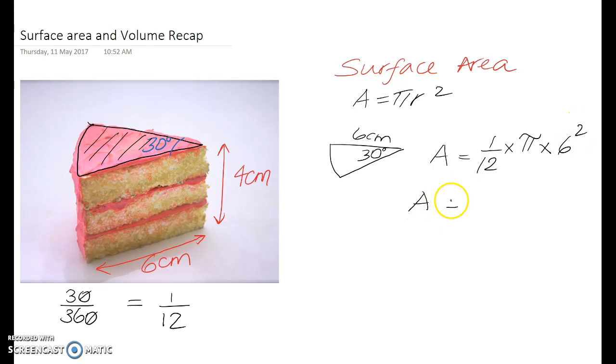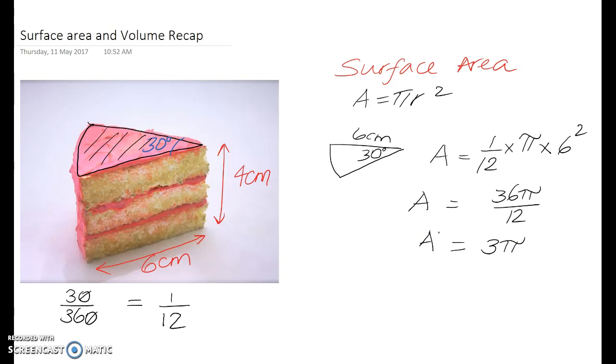So we could simplify that a little bit. 36 is 6 squared. So that's 36 pi, which is still 1/12 of that. Now 12 goes into 36 3 times. So that's actually 3 pi, my area on that top there.